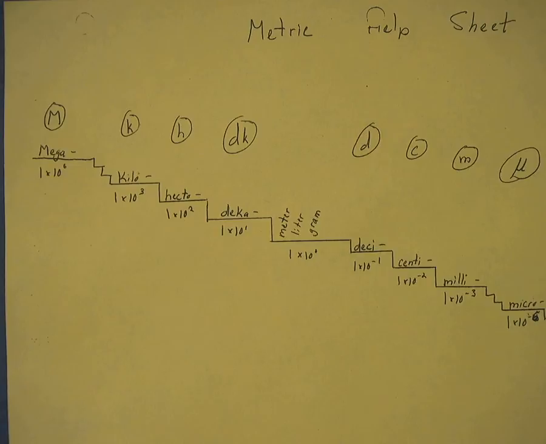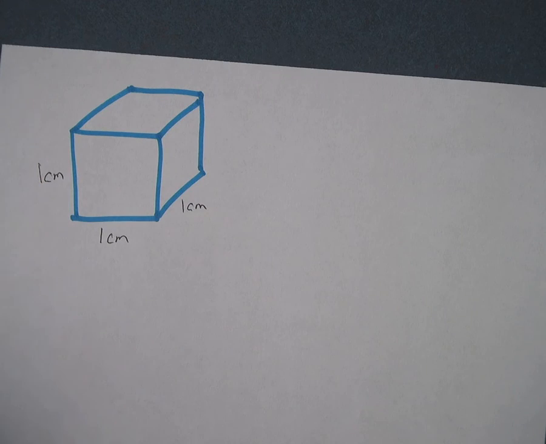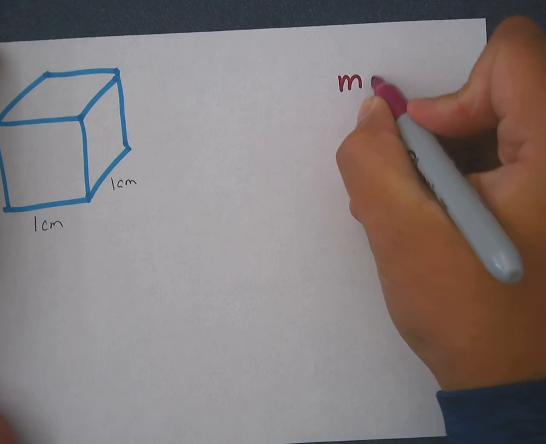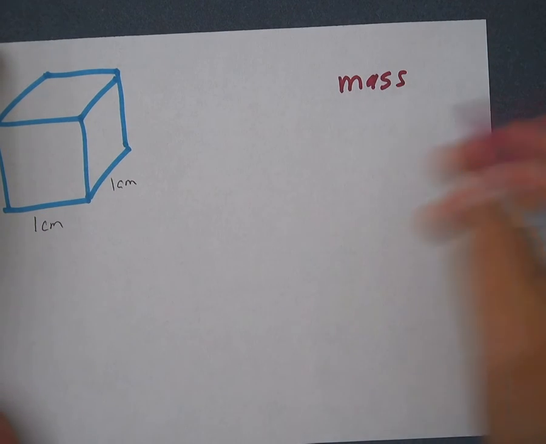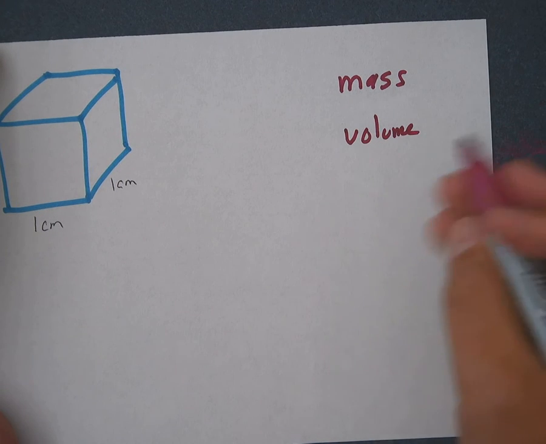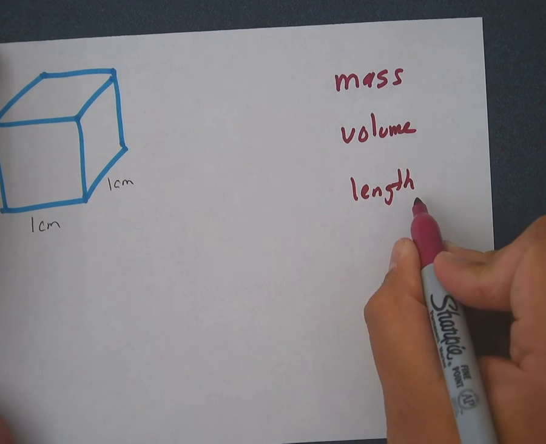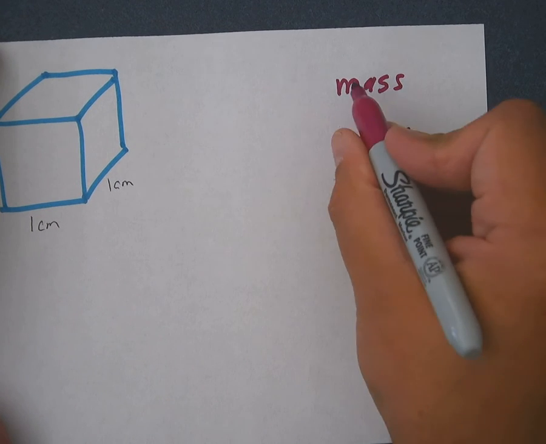The other thing that's wonderful about the metric system is that it found a way to connect the other units. We have units of mass, units of volume, and units of length, and here we have a base word like meter or liter or gram.